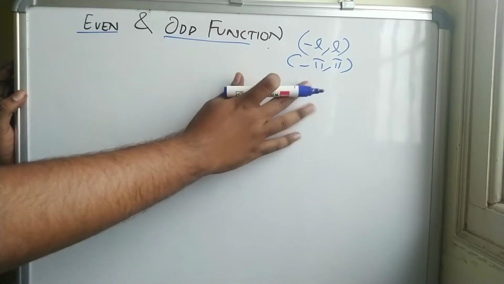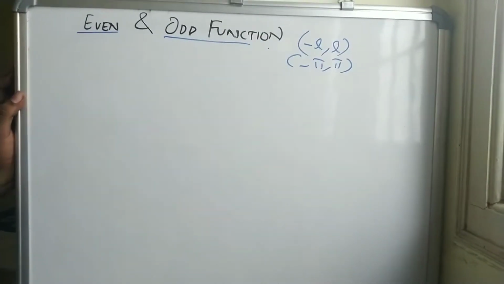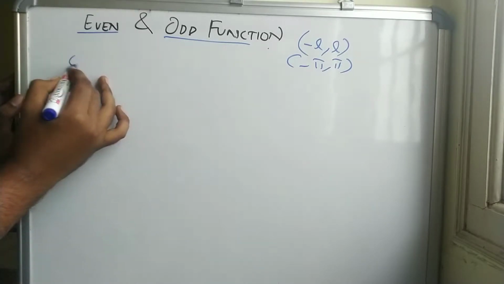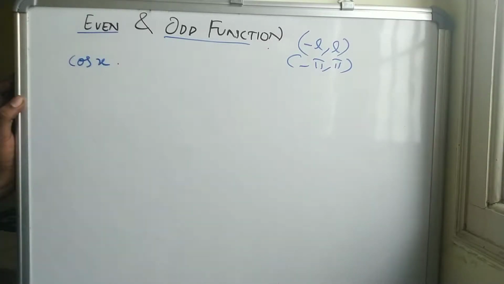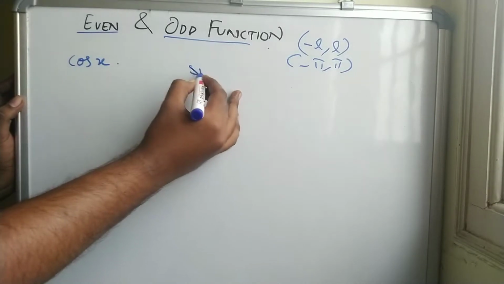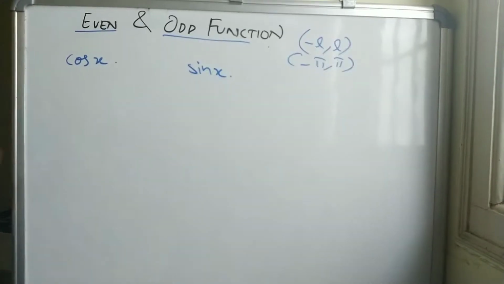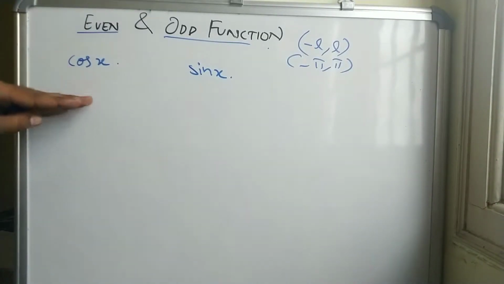So if an expression is given, suppose cos x and sin x, whether cos x is an even function or sin x is even or odd, how to identify whether it is an even or odd function?